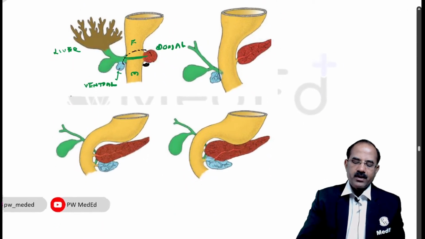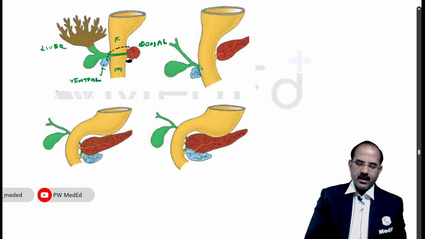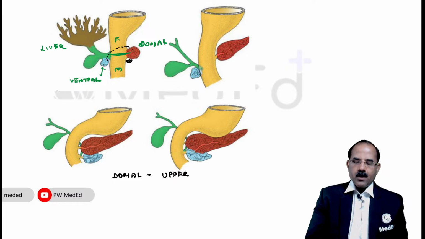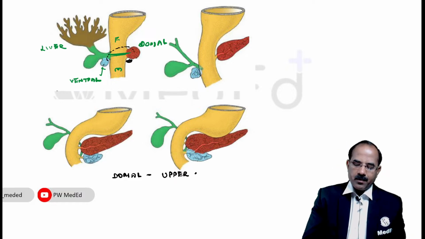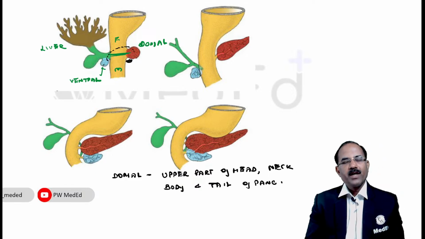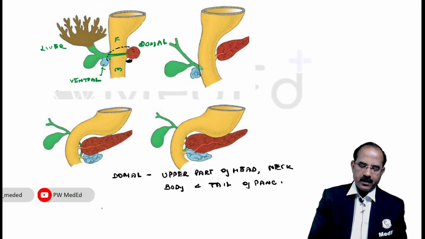Now, what does the dorsal pancreatic bud form? It forms the upper part of the head, neck, body, and tail of the pancreas.